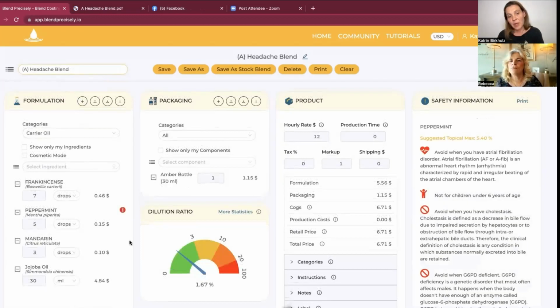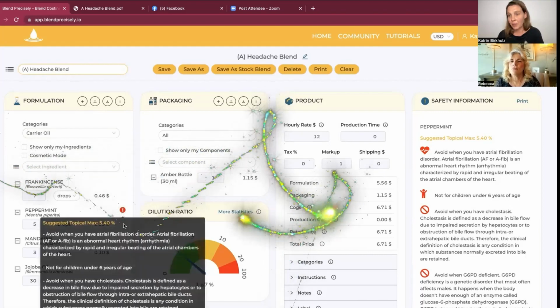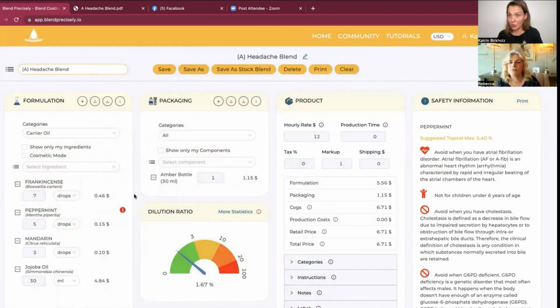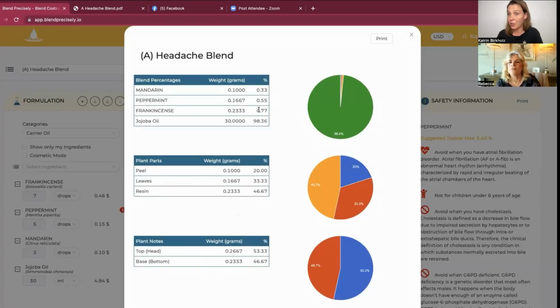When I mentioned before that these little icons come up where we have to pay attention to the blend or to the oil we're about to use. So if you go over here, or the peppermint, and then you see, okay, this is a 5.4% topical max, you can make sure that you just have that in your blend and not more. So this peppermint here would say you're more than safe to use it.